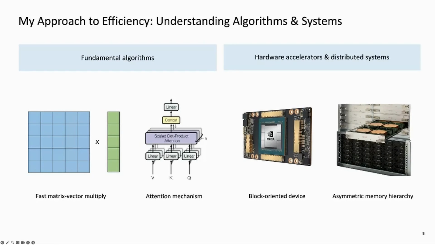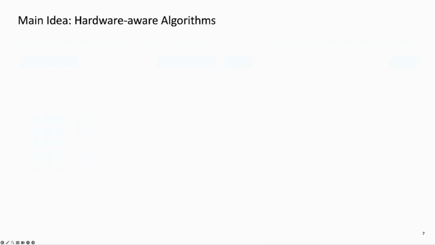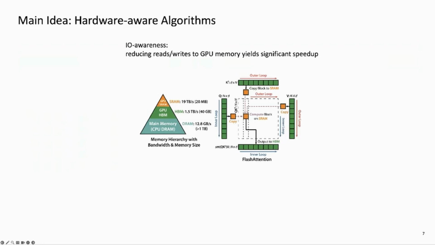For the purpose of this talk, I'll just focus on one main idea, which is hardware-aware algorithms. That just means, can we design algorithms that take advantage of the hardware that we run on? One example is I/O awareness, where we want to reduce reads and writes to GPU memory.